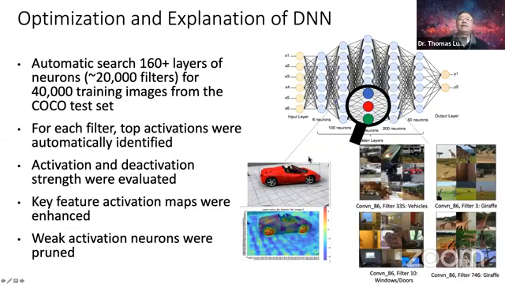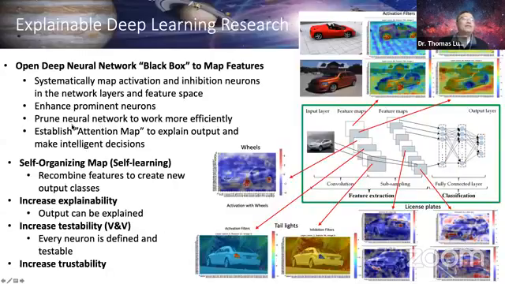So with that, we can systematically map the activation and inhibition neurons. Some neurons inhibit particular features we want to know about, and then we enhance the prominent neurons, and then we can prune the neural net so that the lower-ranked neurons can be pruned without affecting the performance of the neural net.